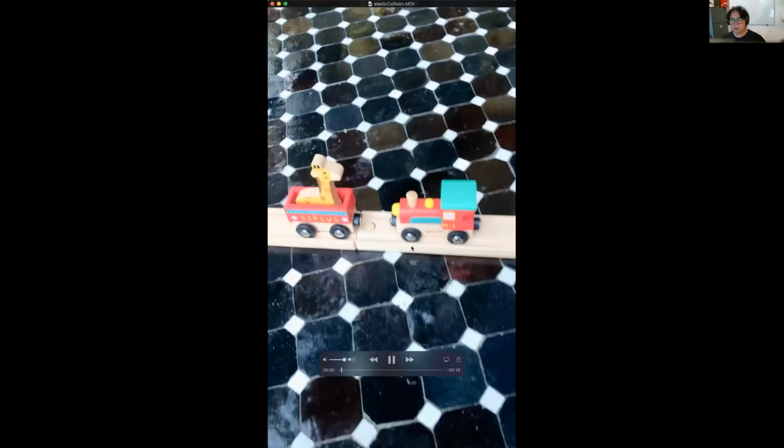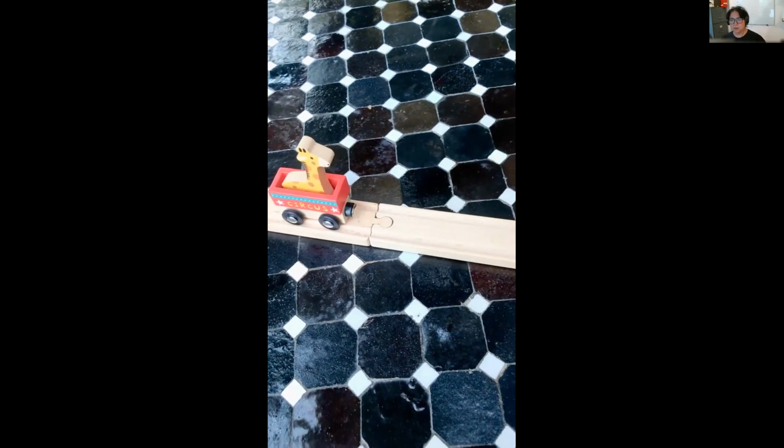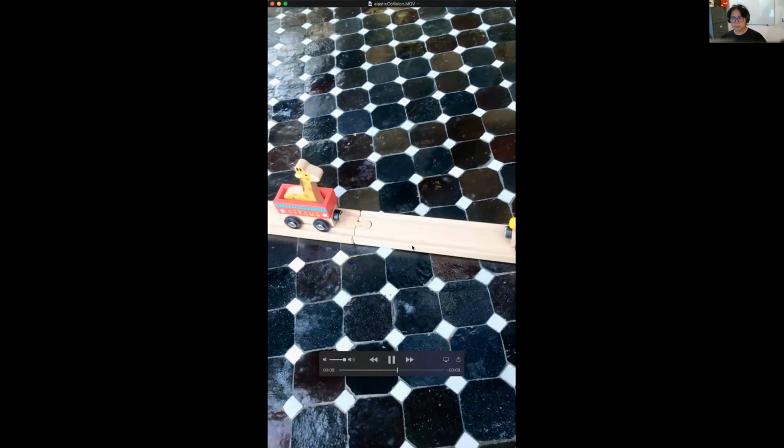And then I want to show you, I attempted to make an elastic collision by flipping the magnet here. The magnet is switched. It's going to make an elastic collision.